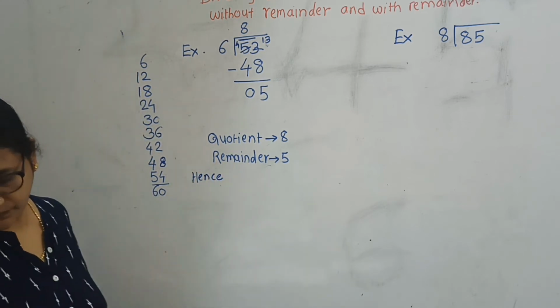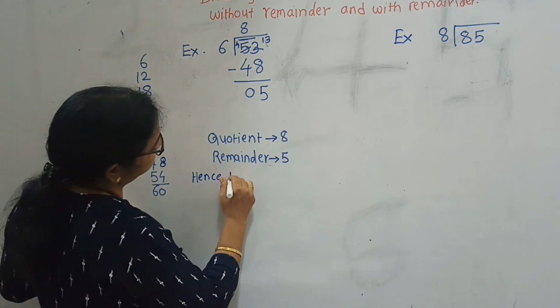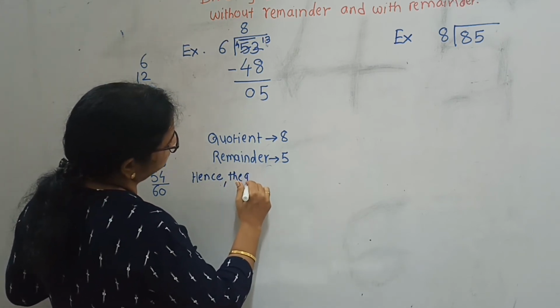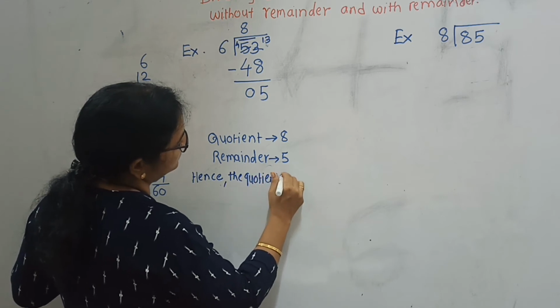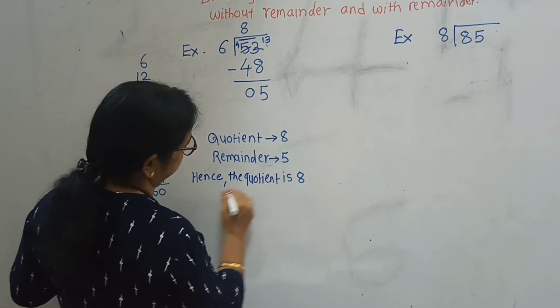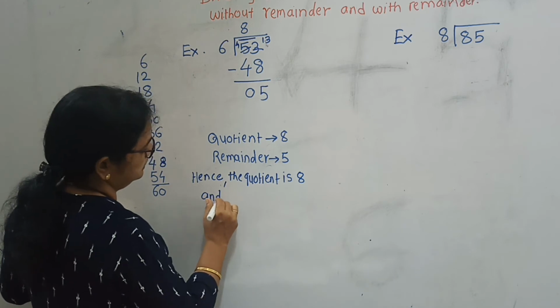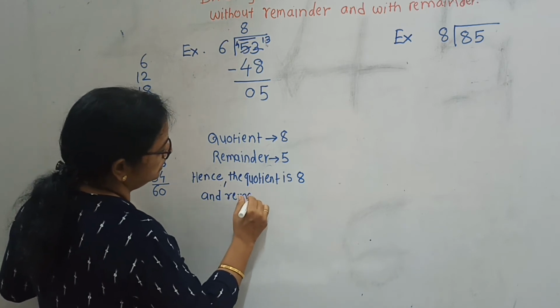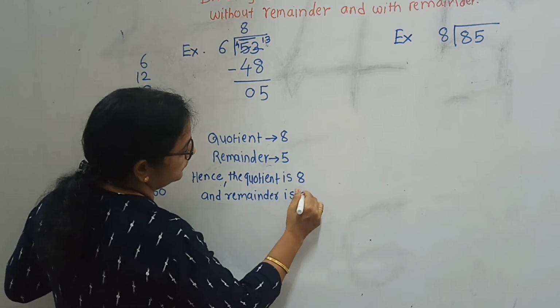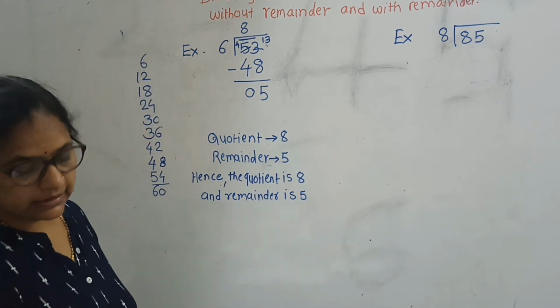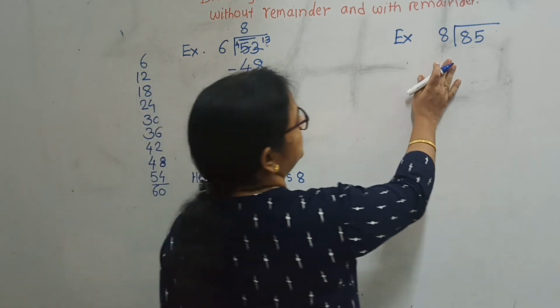Yes, the quotient is 8 and remainder is 5. Okay.